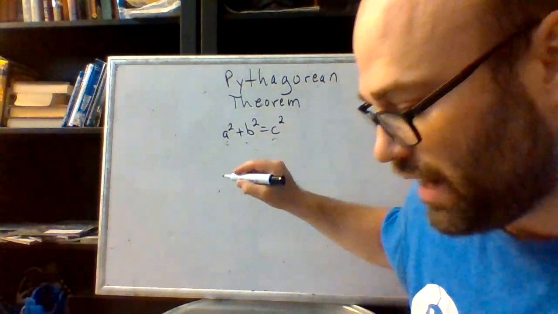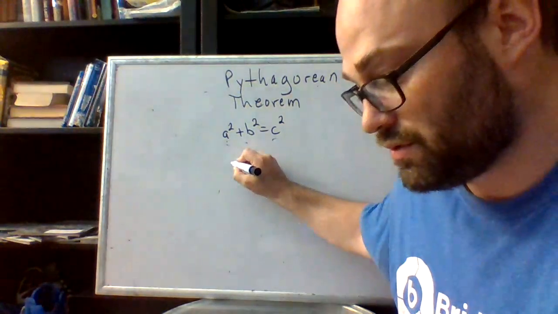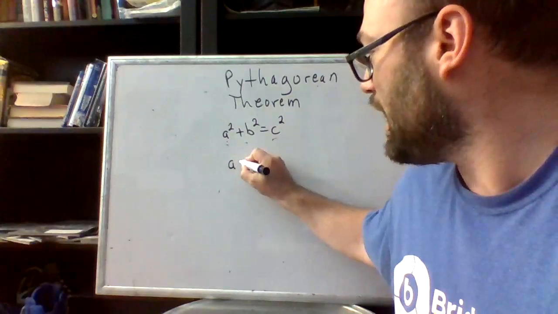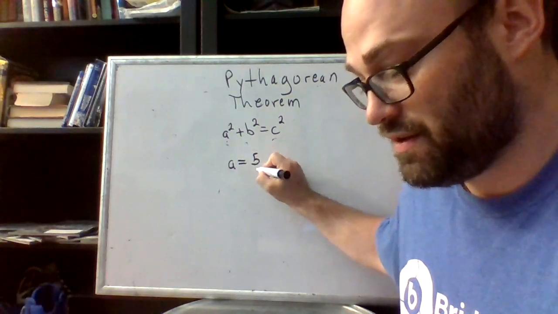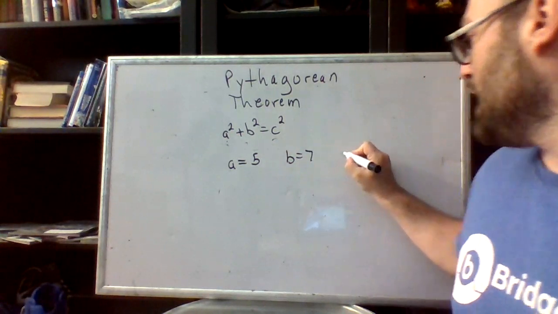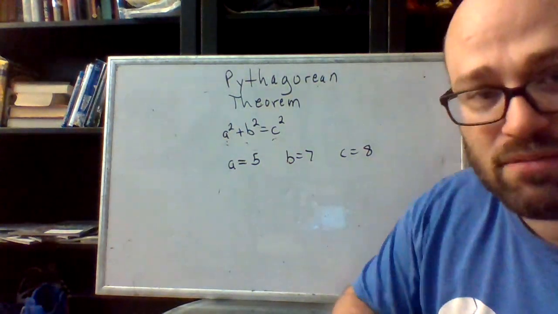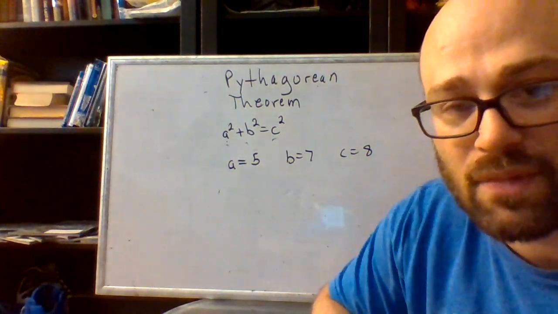So let's say for A, we have 5. For B, we have 7. And C, we have 8. Okay, so go ahead and do that real quick. I'll give you a second.